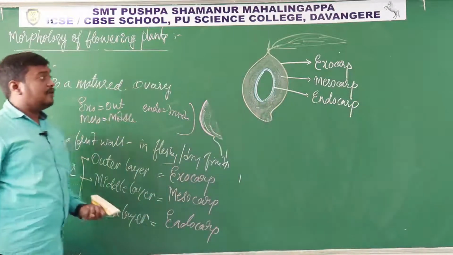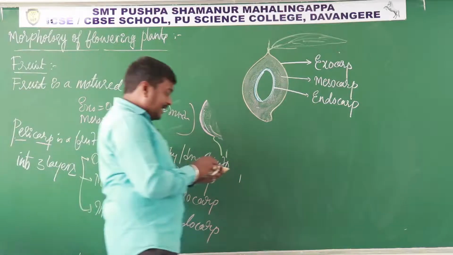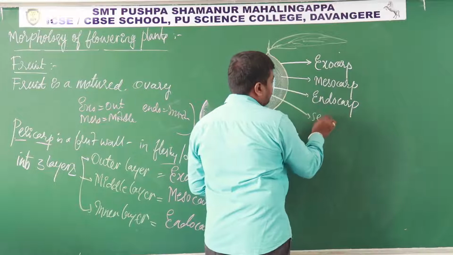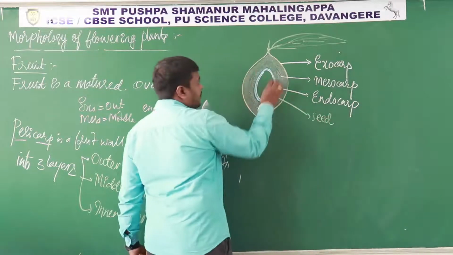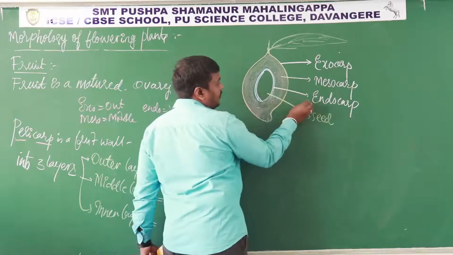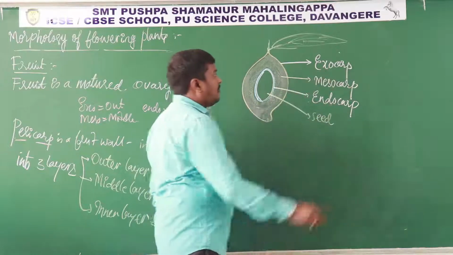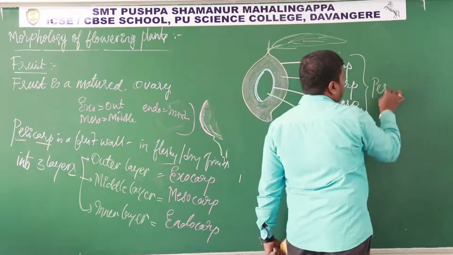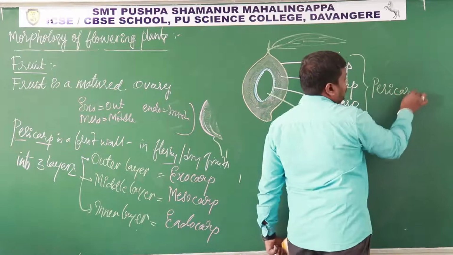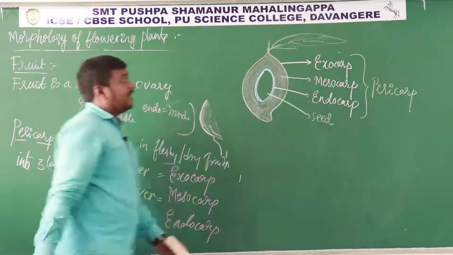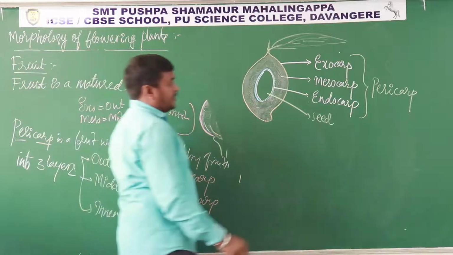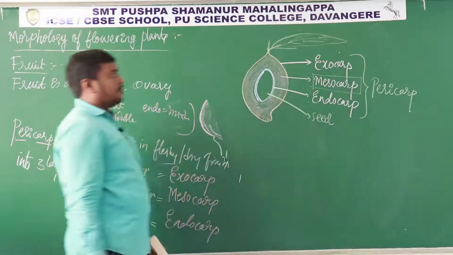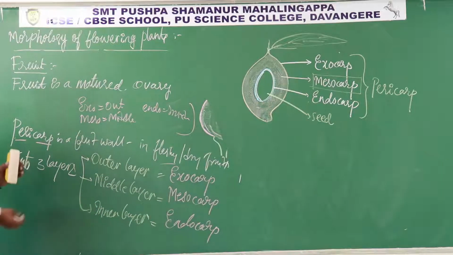Exocarp, mesocarp, endocarp, and inside you can find the seed. See here, the seed is enclosed by three different layers: endocarp, mesocarp and exocarp. All these three together are pericarp. And here the edible part is mesocarp. So mesocarp is the edible part in mango.